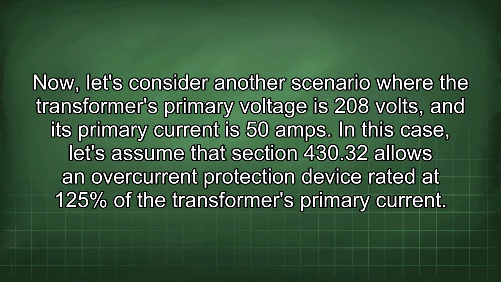Now, let's consider another scenario where the transformer's primary voltage is 208 volts and its primary current is 50 amps. In this case, let's assume that Section 430.32 allows an overcurrent protection device rated at 125% of the transformer's primary current.